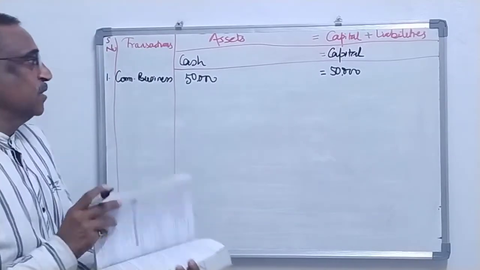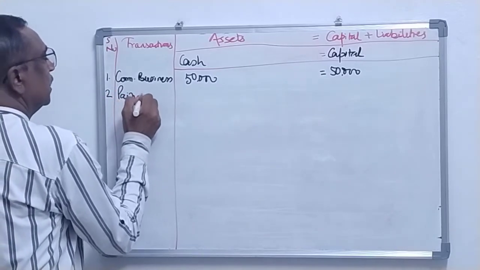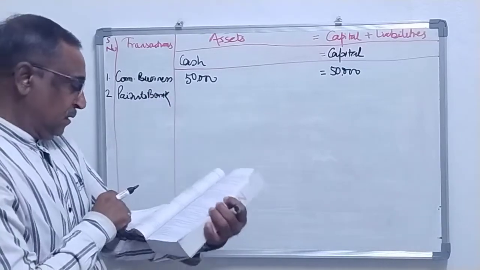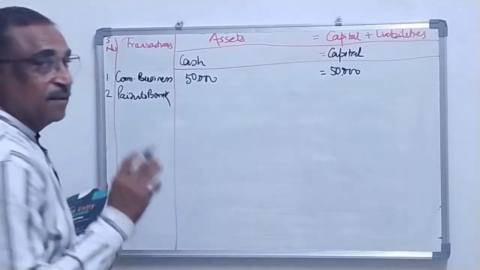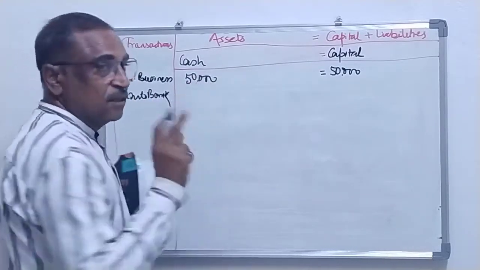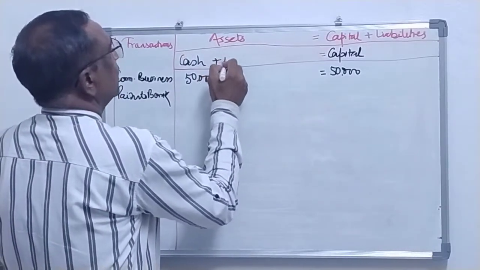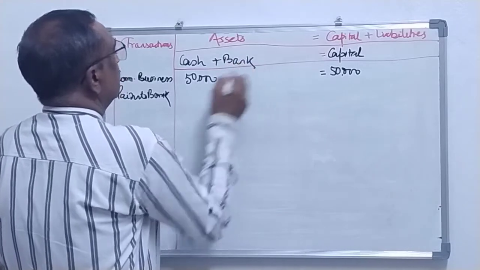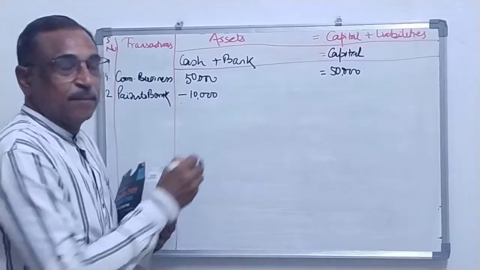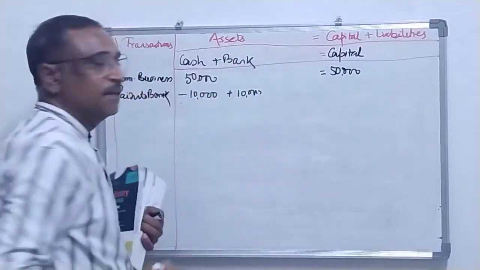Paid into bank 10,000. Second is paid into bank 10,000. Bank is your asset again. Since your cash is getting converted into bank, so cash plus bank. We will subtract 10,000 cash that is being deposited in bank and we will add 10,000 under this head.